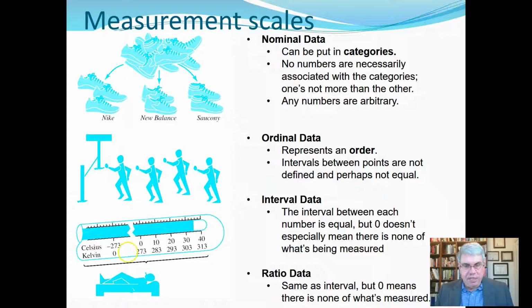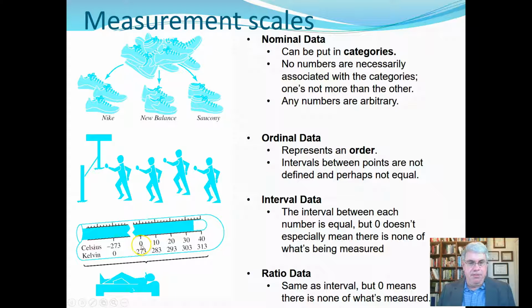Now, in contrast to ratio data, we've got interval data, where the interval between each number is equal, but the 0 doesn't really mean anything. 0 doesn't mean there's none of what's being measured. So if we were measuring people's temperature in Celsius, they might have a temperature of 37 degrees, but that doesn't mean that they're twice as hot as someone that had 18.5 degrees.